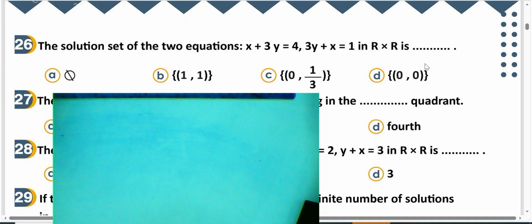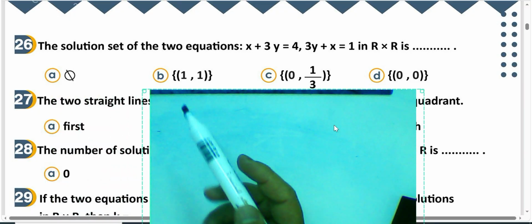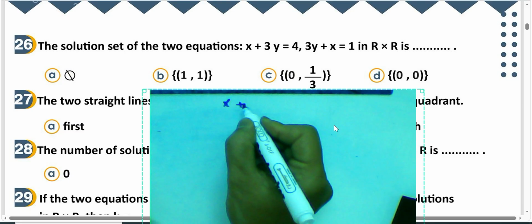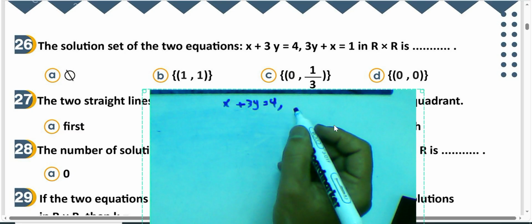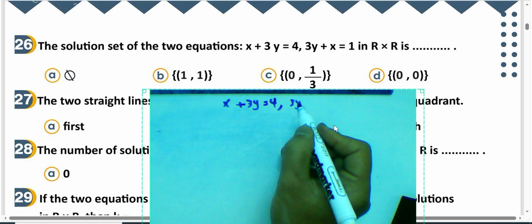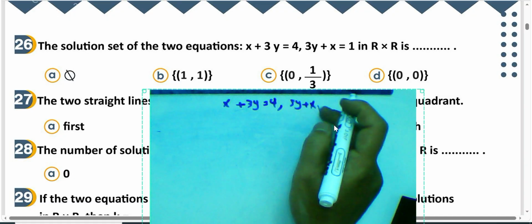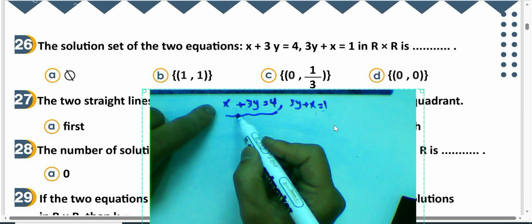Next question. The solution set of the two equations here in R. We have x plus 3y equals 4 as the first equation, and the second is 3y plus x plus 1 equals 1.